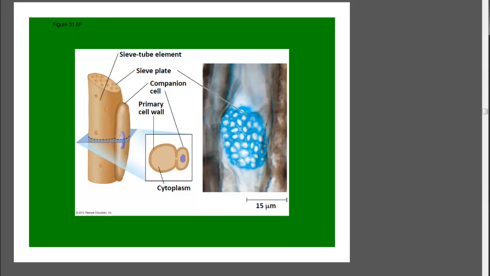But when we look at these sieve tubes, these are associated with food movement, so sugar. Which cells in the vascular tissue, or which component of the vascular bundle, did we say was primarily associated with food?